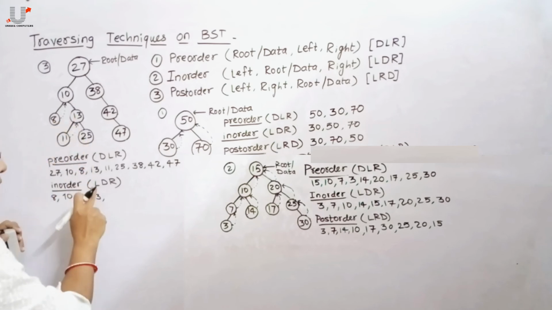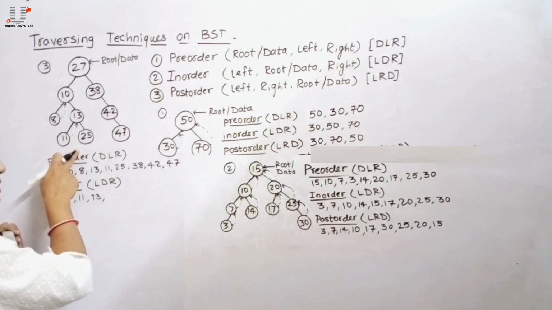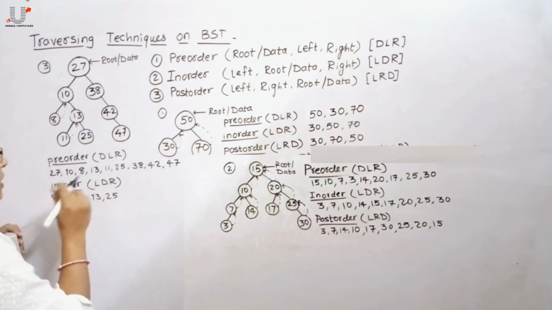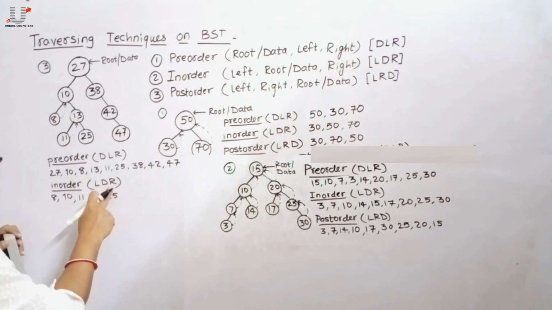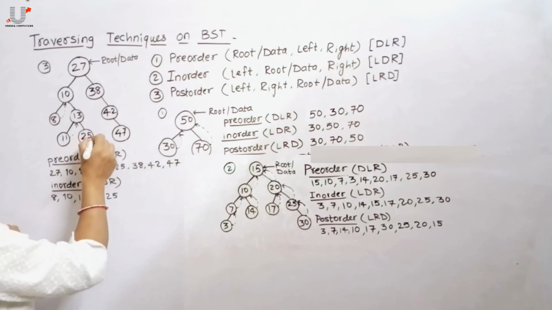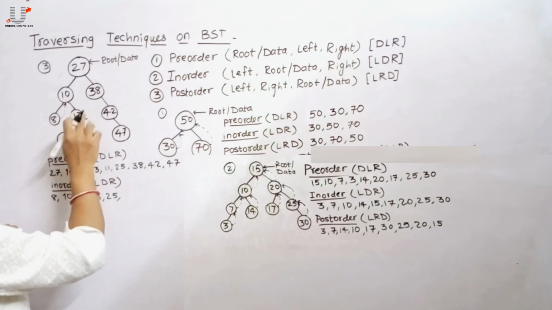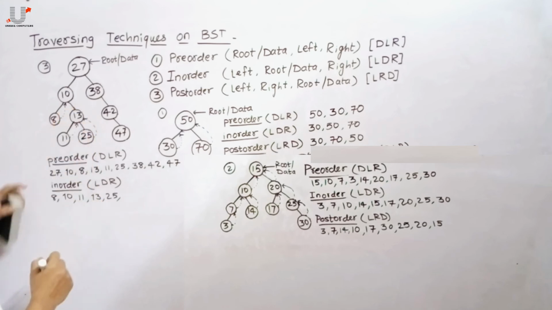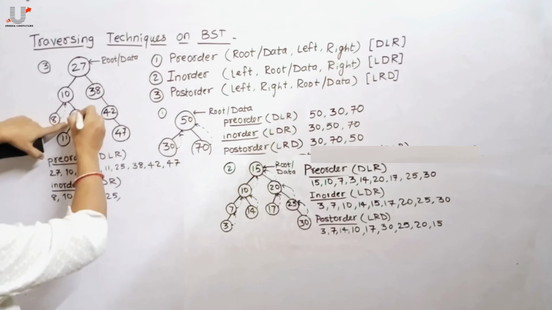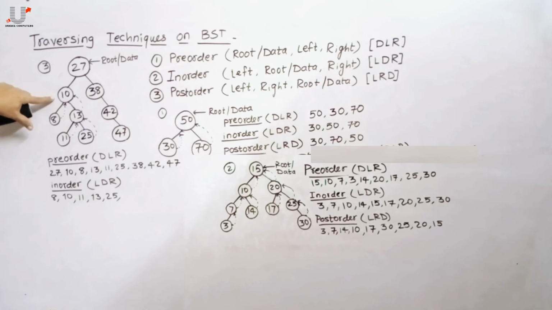Then again apply LDR. As no left subtree is present, the data itself, that means 25, gets displayed. Then check for a right subtree for this 25. As no right child is there, backtrack to 13. As L, D and R have been processed, again control will transfer to its previous location, 10.